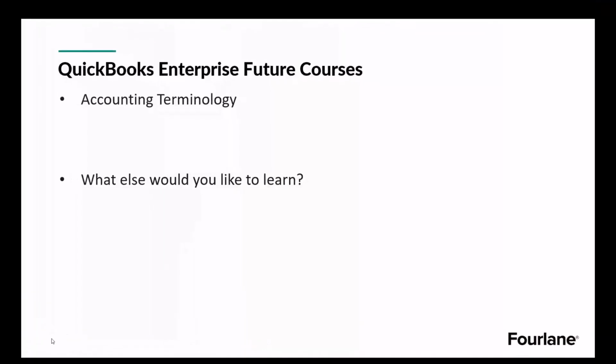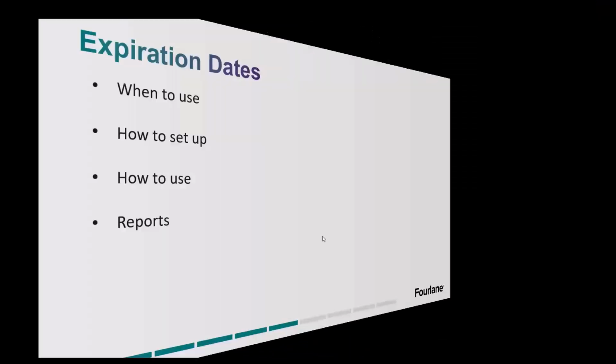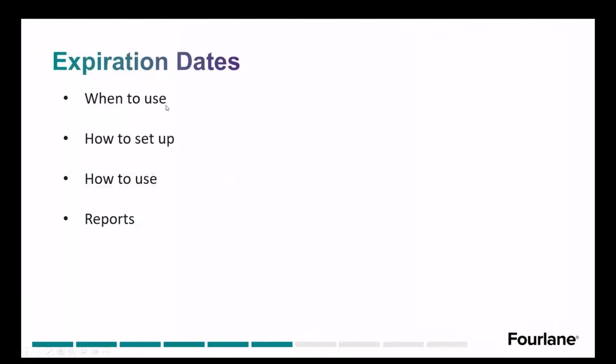All right, so we have gone through when we want to use expiration dates. Anything that we want to expire or track, use that additional field in that date format. How do we set them up? We set them up under Edit Preferences, in Items and Inventory, under the advanced settings.